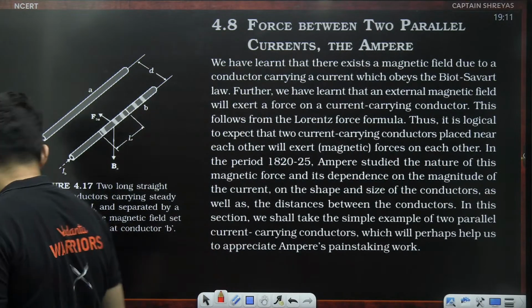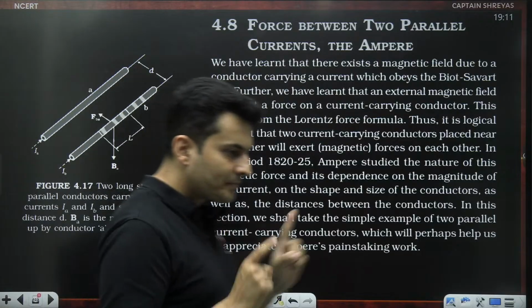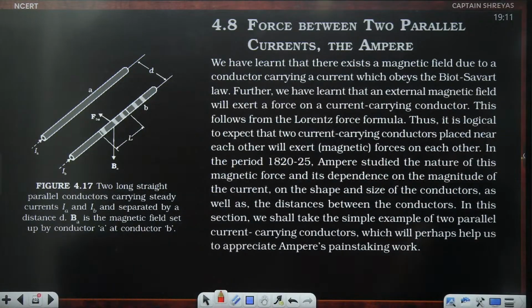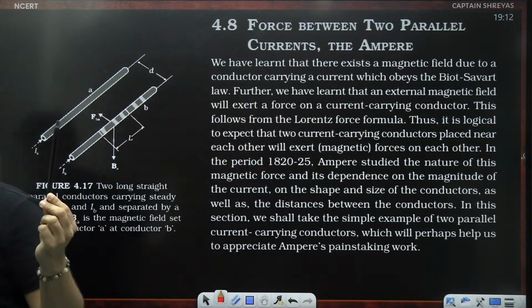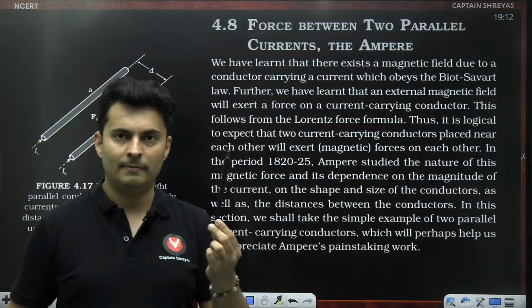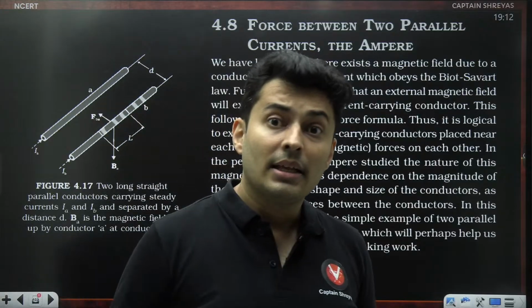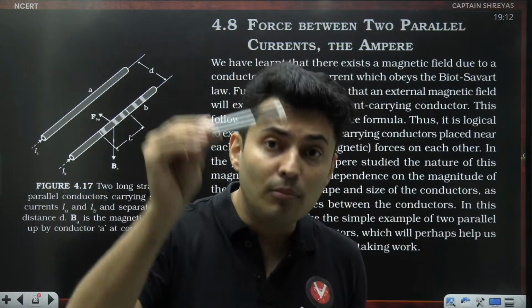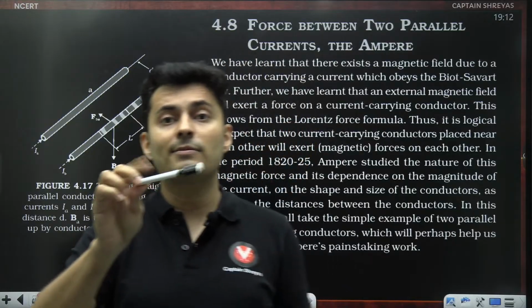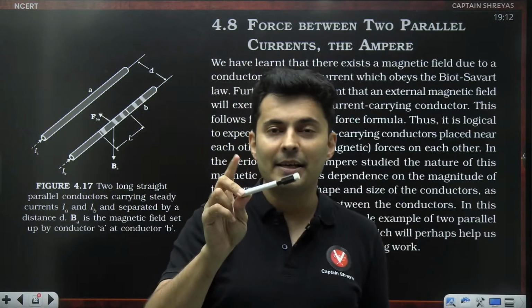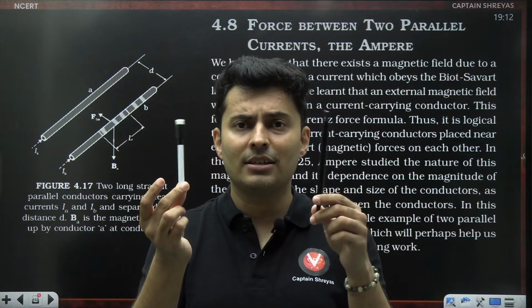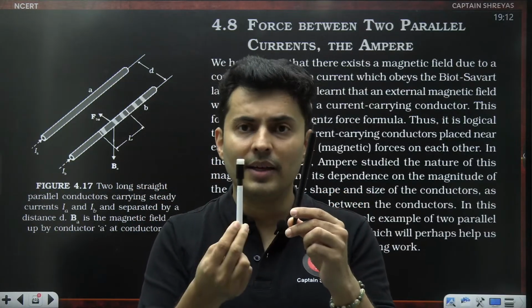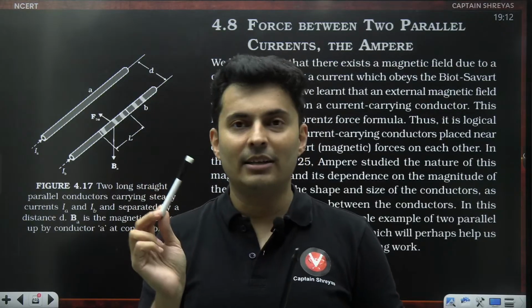Okay, let's do this. See, if you have a wire which carries current, obviously it produces a magnetic field around it. We also know if a wire is placed in somebody else's magnetic field, it experiences force, I L cross B. So if I have two wires nearby each other, this one will produce a field, and the other will be affected by the field.